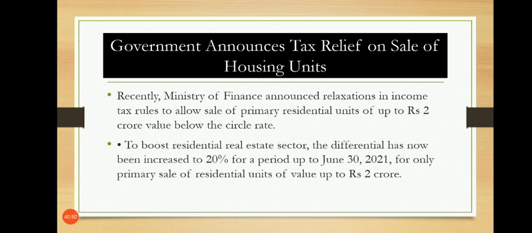Recently, Ministry of Finance announced relaxations in income tax rules to allow sale of primary residential units of up to rupees 2 crore value below the circle rate. ओके सो जो रेजिडेंशियल यूनिट्स की सेल है उस पर इनकम टैक्स का रिलीफ दिया गया है टू बूस्ट रेजिडेंशियल रियल एस्टेट सेक्टर. तो इससे आपके रियल एस्टेट सेक्टर को काफ़ी हेल्प मिलने वाली है, काफ़ी बेनिफिट मिलने वाला है इन द कोविड टाइम्स.